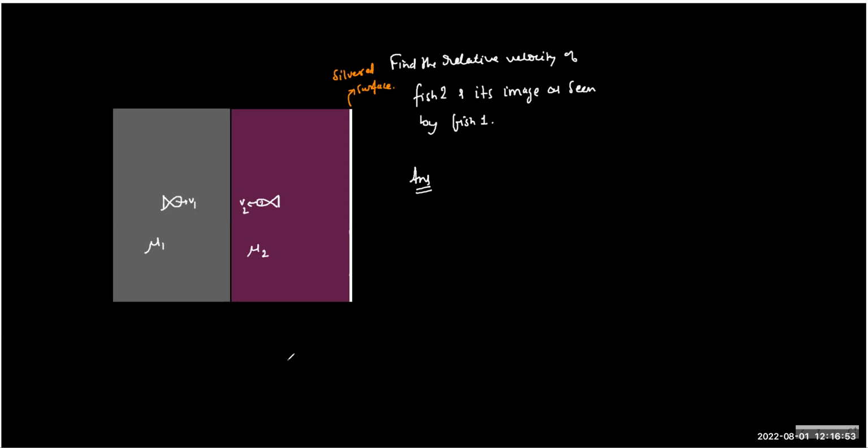I mean, sorry, the relative velocity of fish two and its image, which means v1 will anyway cancel out, so v1 will not come into the picture, but mu1 will, because the velocity of fish two as seen by one will be v2 by mu2 into mu1, right? Correct. This is the velocity of two with respect to one only. Now the velocity of two's image will just reverse. That's it.